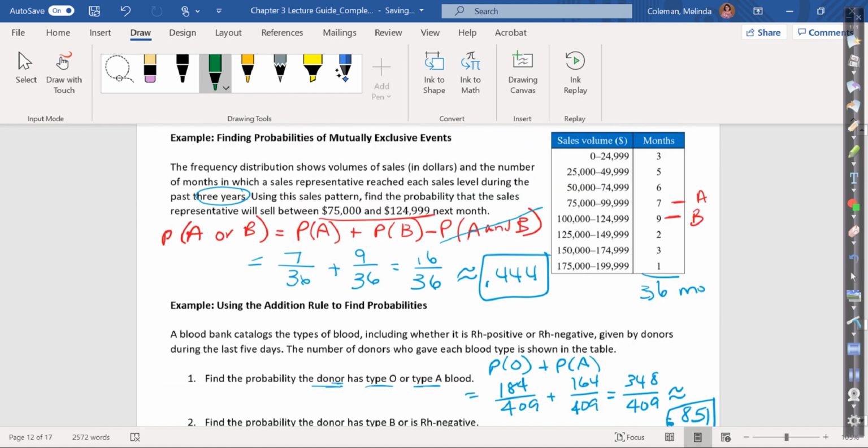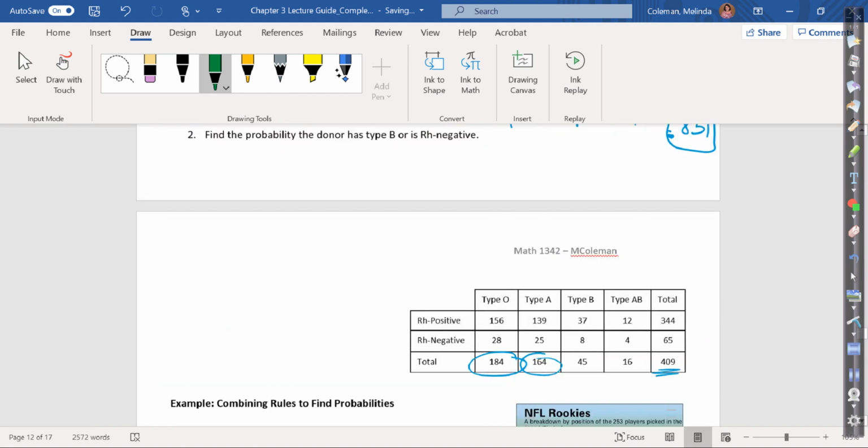So we're going to look at the probability of B plus the probability of an Rh negative minus the probability of a B Rh negative person. So we have to take out the ones that we're not going to repeat.